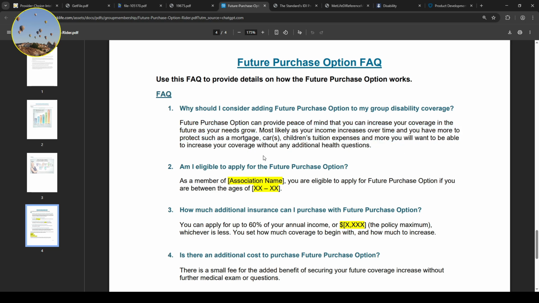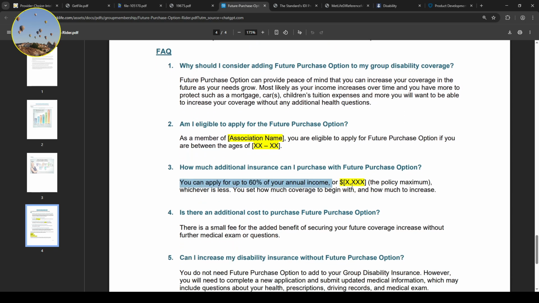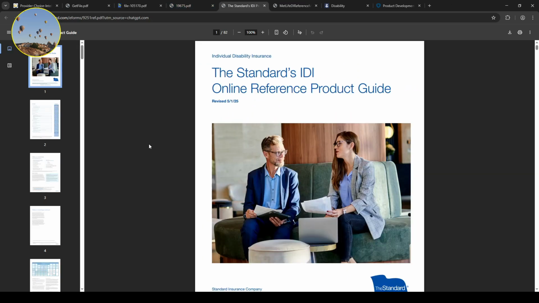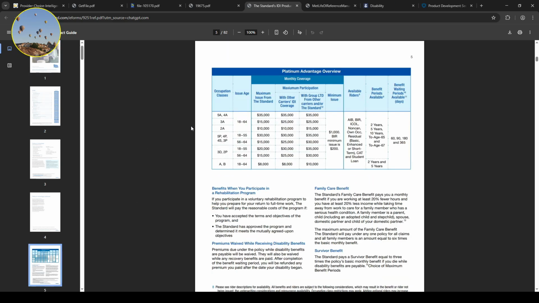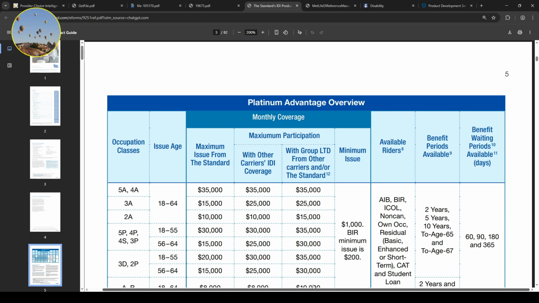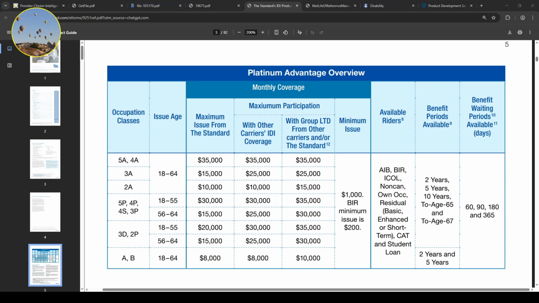If you have a benefit to age 65 or longer, COLA can add a large amount to total claim costs. If you have a shorter benefit period, the COLA impact drops. A quick example. Imagine a $5,000 monthly benefit.